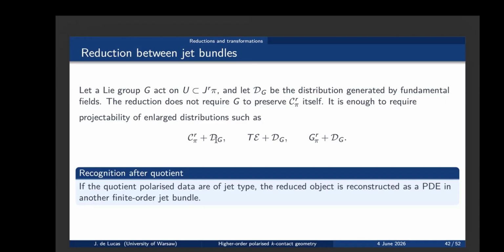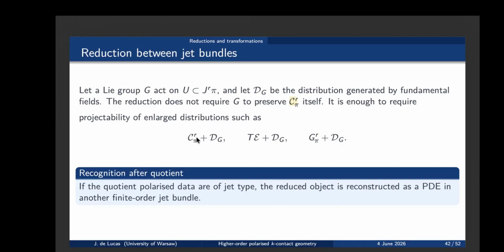So what I developed was a method of reduction, and it goes as follows. We have a Lie group, and the distribution generated by the fundamental vector fields of the Lie group action. This group is not going to preserve the Cartan distribution anymore. It could, but it doesn't need to.